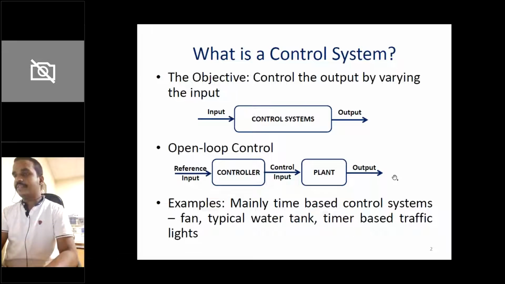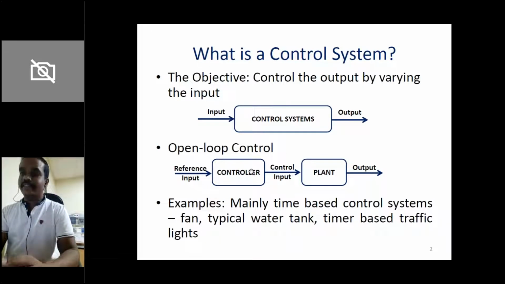Suppose, in a very simple case, let us assume I want a speed of 1200 rpm. The reference input is 1200 rpm, and I have some feed forward or open loop control, which, based upon this input, says that if the reference speed is 1200, then the corresponding voltage, let us assume, is 120.